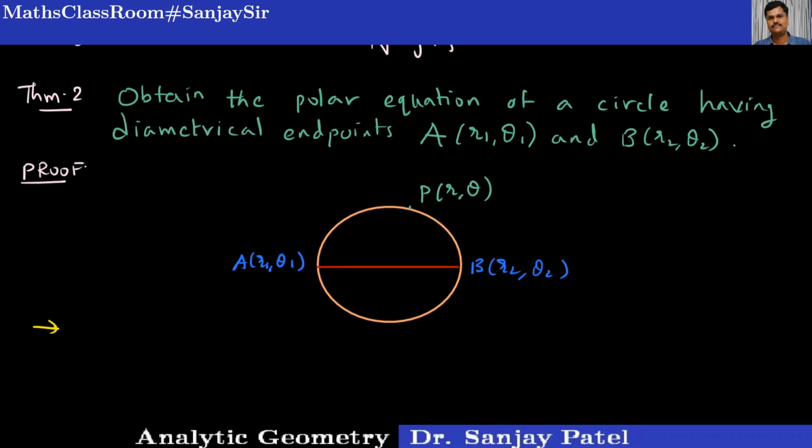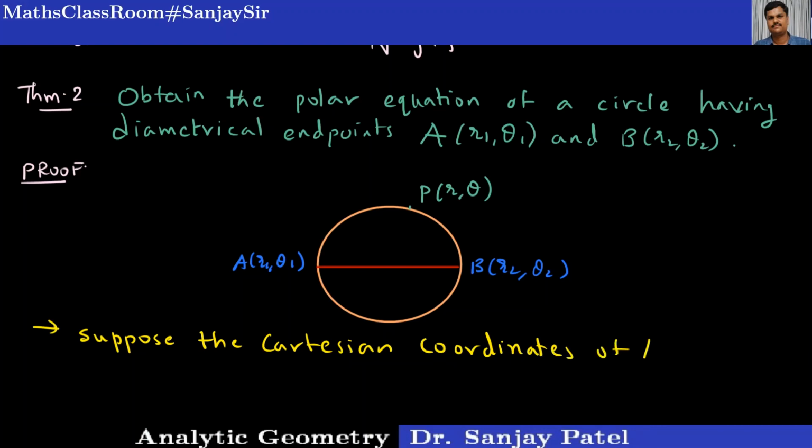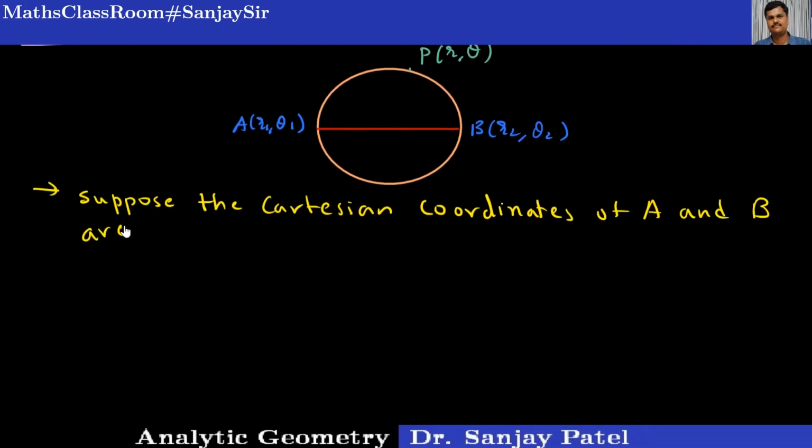Okay. So let me write like this. Suppose the Cartesian coordinates of A and B are x1, y1 and x2, y2.